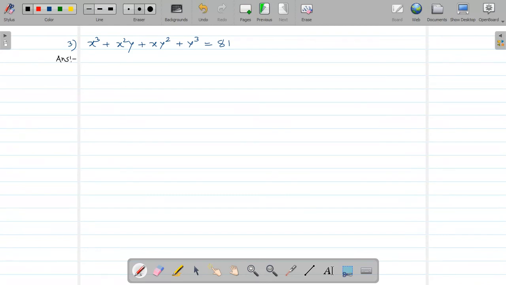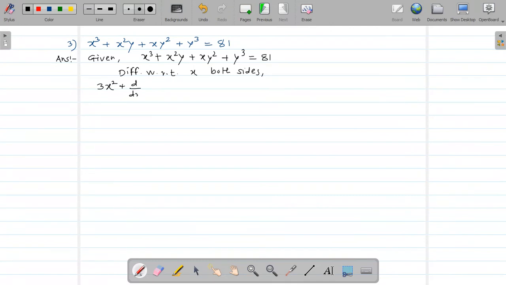So in the answer, first of all, the given function, that is x cube plus x square y plus xy square plus y cube is equal to 81. Now differentiate with respect to x, both sides. So hence, now the derivative of x cube is 3x square plus, now see the next term, it is x square into y, so we have to use the u into v rule.